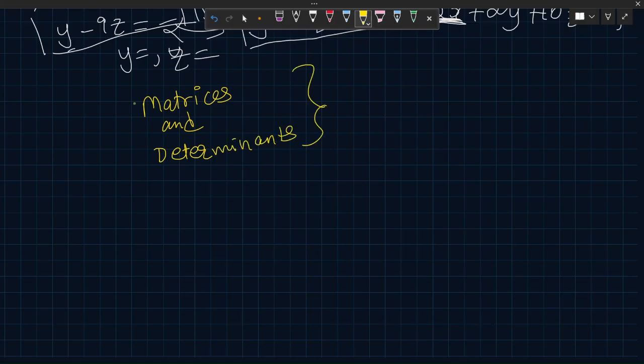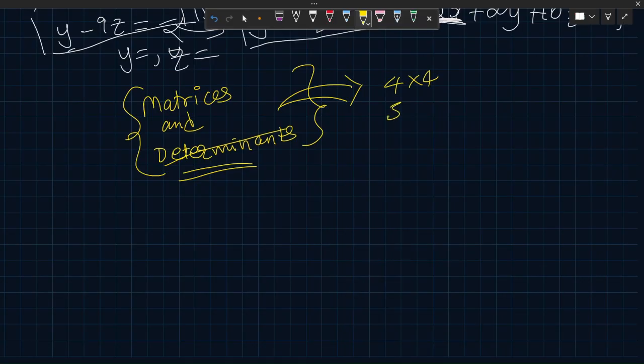In that particular course, we would cover how to solve three equations in three variables, four equations in four variables, or five equations in five variables, or in general, n equations in n variables. How to solve such systems in a very elegant and systematic manner. That is a topic for the matrices and determinants part. So far, if you're right from high school, what you have learned so far is sufficient.